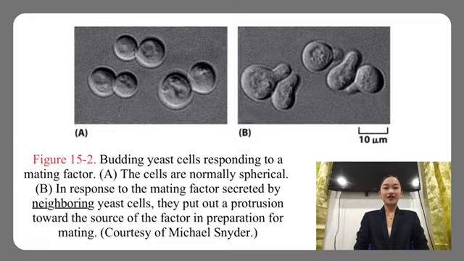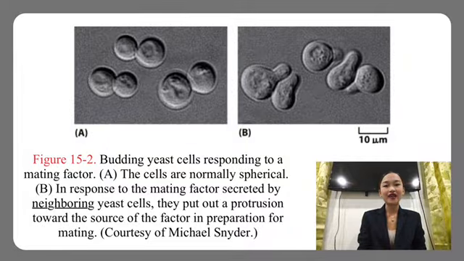Budding yeast cells responding to a mating factor. Similarly, yeast cells communicate with one another in preparation for mating. In the yeast Saccharomyces cerevisiae, a haploid cell releases a mating factor, which is a chemical signal that tells cells of the opposite mating type to stop dividing and get ready to mate.